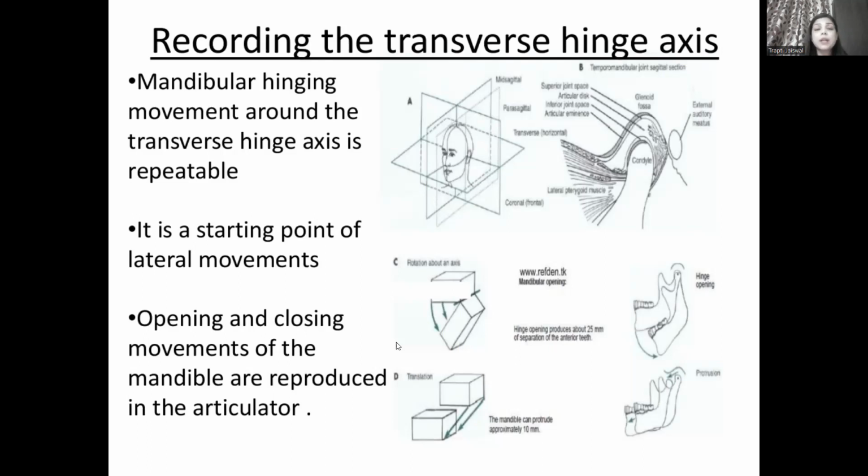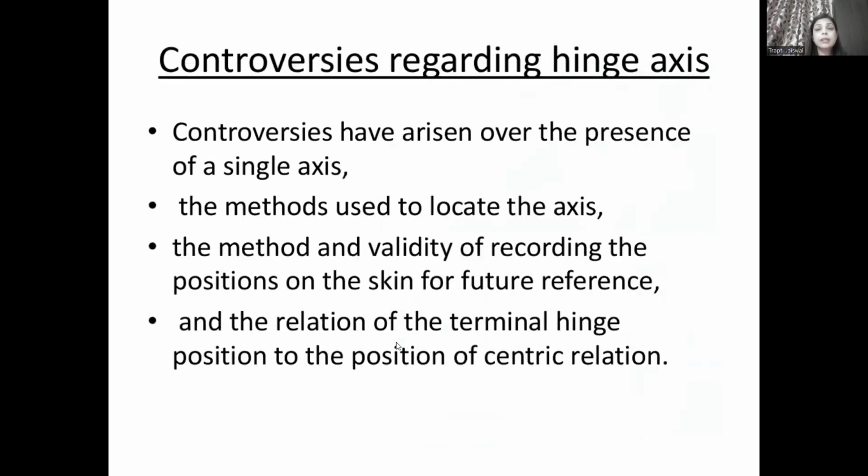Then they are reproduced in the articulator, and it is also a repeatable, recordable position, so that's why we can record it. This hinge axis position can help us in getting the same condition in the artificial prosthesis as in the patient's mouth.